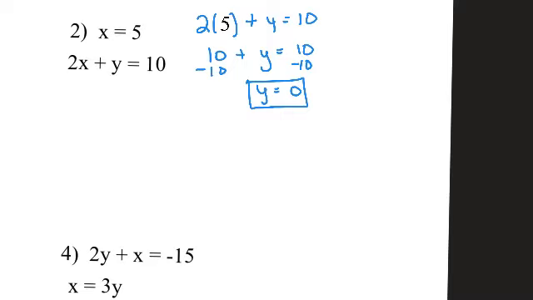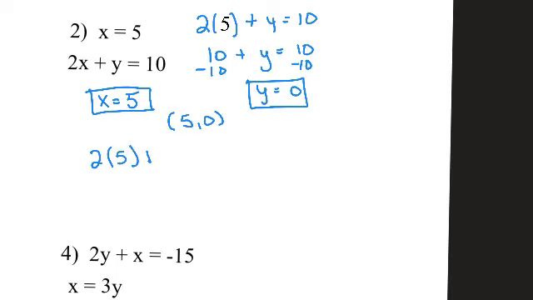So now we need to figure out what is x. Well, we are told in the original problem that x is equal to 5. So we know that our ordered pair is 5, 0. But step 6, we need to check it. 2 times 5 plus 0 equals 10. Where did I get that equation?